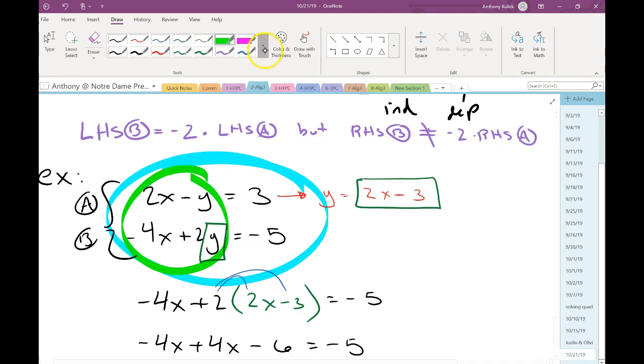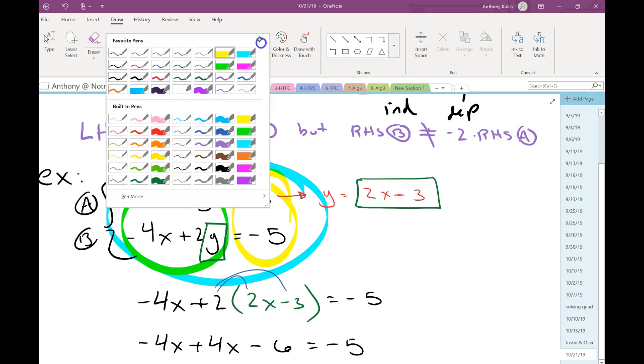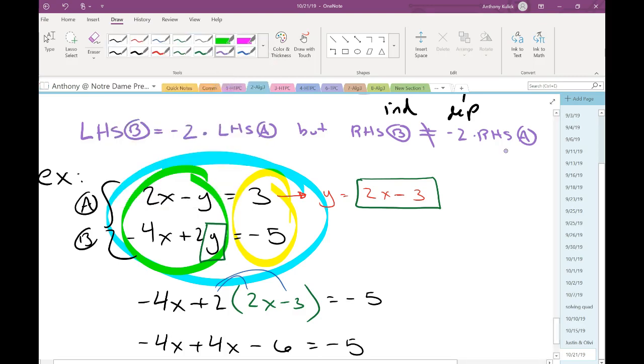Where those sides are multiples of each other, but that side is not. We can see that? Yes? If that's the situation, you're always going to have no solution.